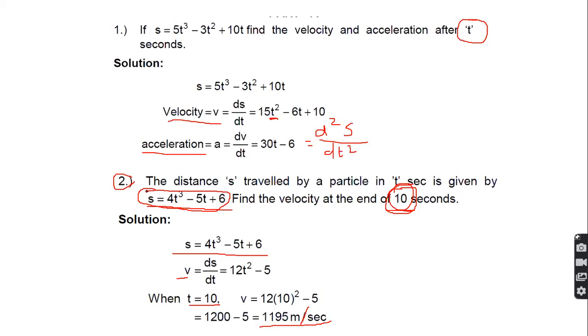So as you wish, you can write the distance scale, but the time scale is given, that is seconds. So we can write 1195, either meter or centimeter, whatever it may be. That depends on you.